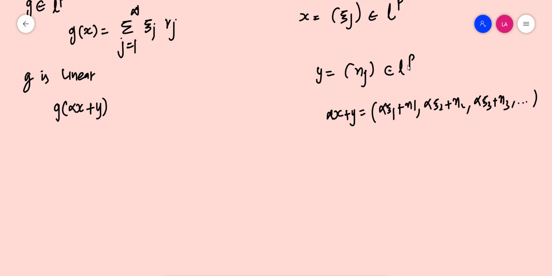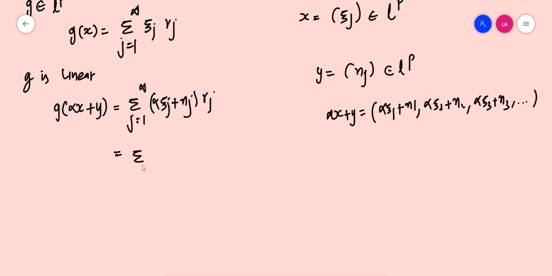And this should be an element in LP because if both of these sums are bounded, then this sum should always be bounded as well. So by definition, this is equal to the summation over j from 1 to infinity of alpha theta j plus eta j, times gamma j.